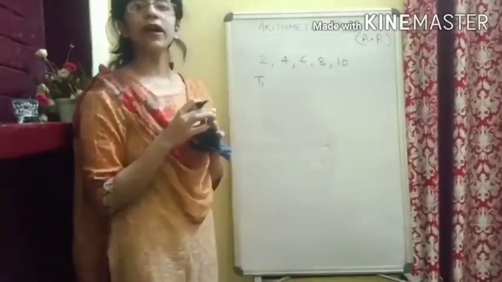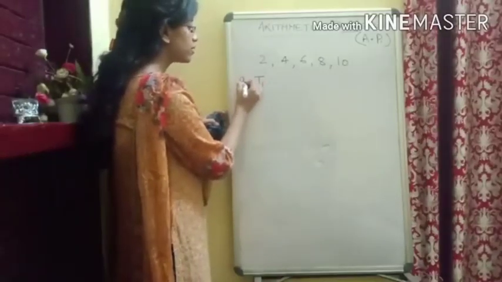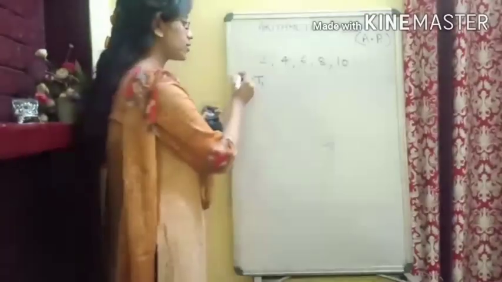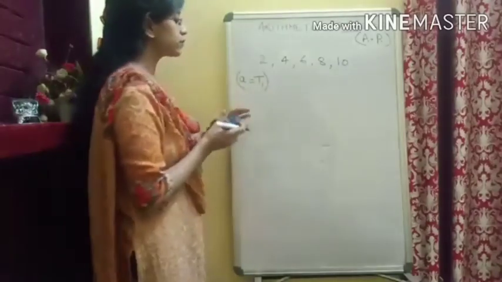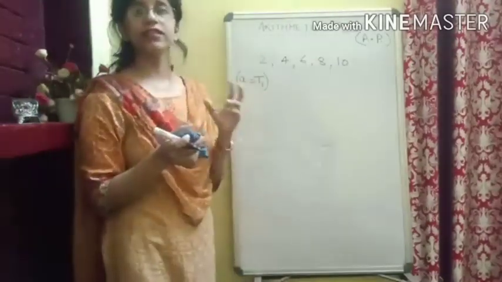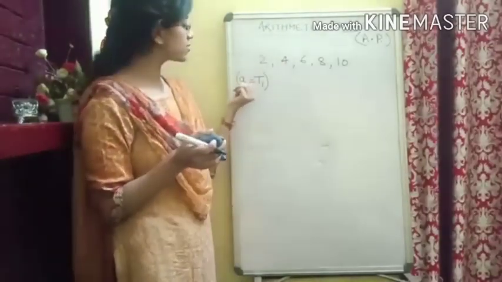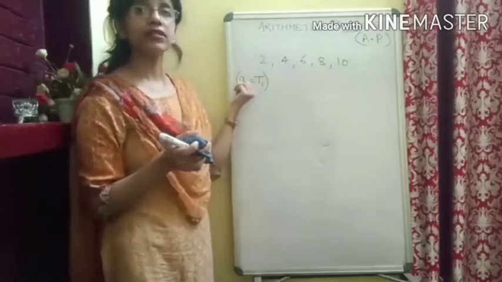Also generally we denote it by the small letter a. Whether you write T1 or small a, it represents the first member of that sequence.